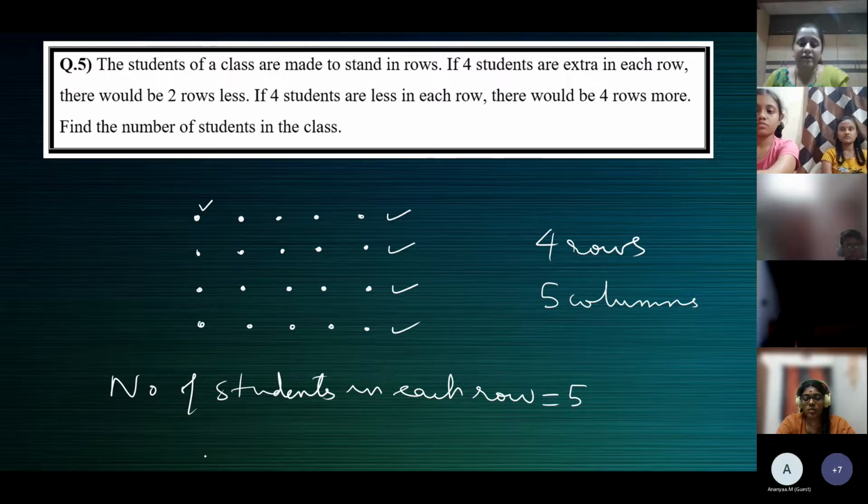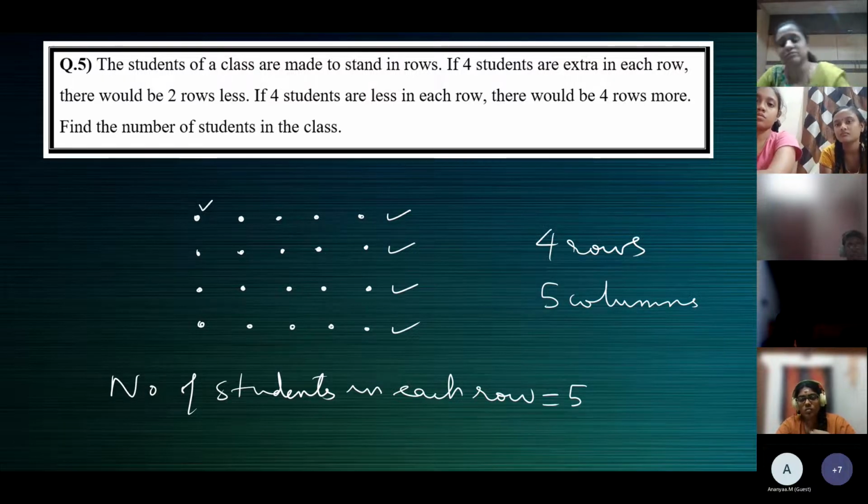So the other way of expressing the number of columns is the number of students in each row. Number of students in each row means number of columns. The answer for number of students in each row and number of columns will be the same.